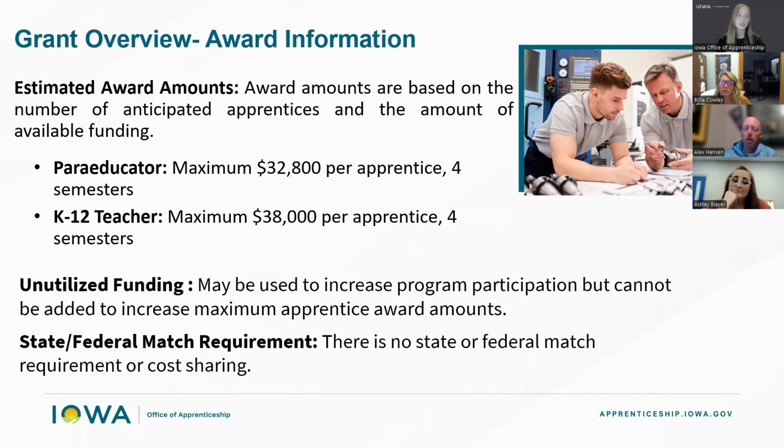For the K through 12 teacher pathway, there is a maximum award amount of $38,000 per apprentice over 4 semesters, or $9,500 per semester per apprentice. Any unutilized funding may be used to increase program participation, but it cannot be used to increase the maximum apprentice award amounts. And there is no state or federal match requirement or cost sharing.